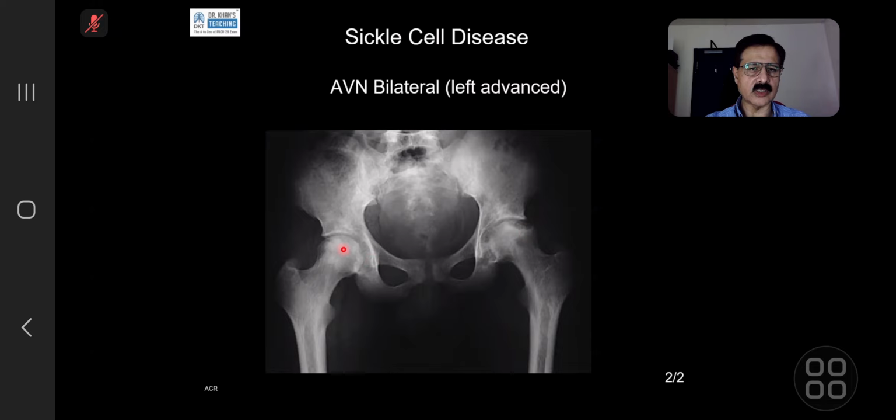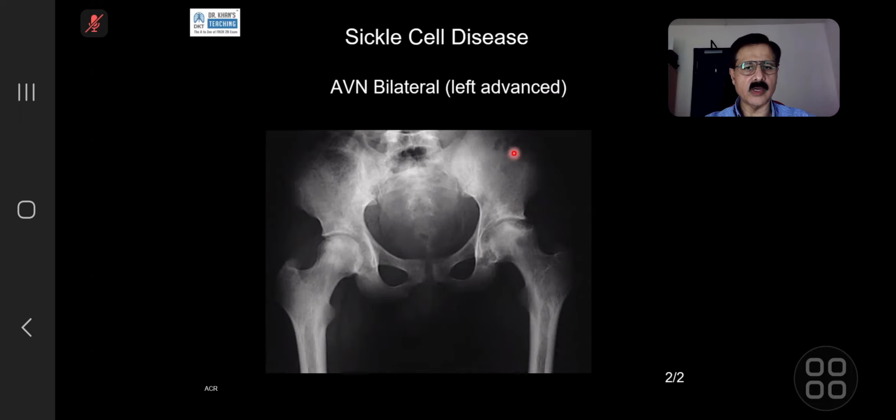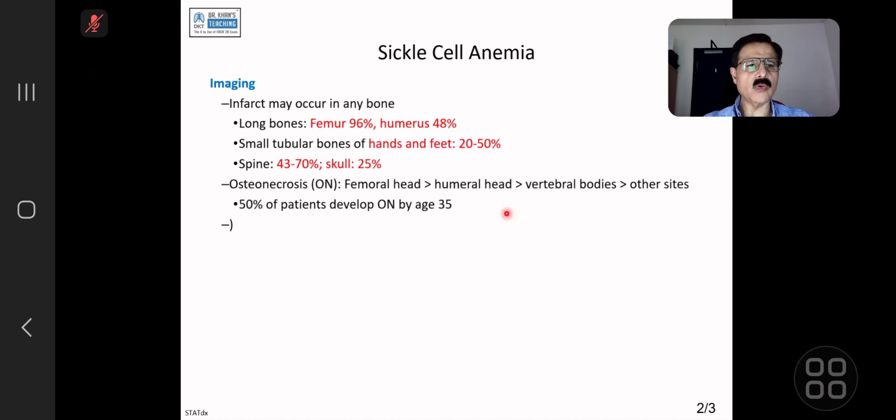The hint here was that it is not just confined to Africans, but it is more common. So the hint is that something is wrong, and this is a case of avascular necrosis. Key points to remember: this was avascular necrosis secondary to sickle cell disease.